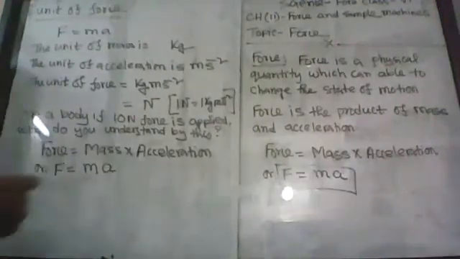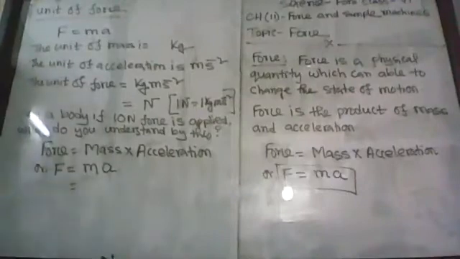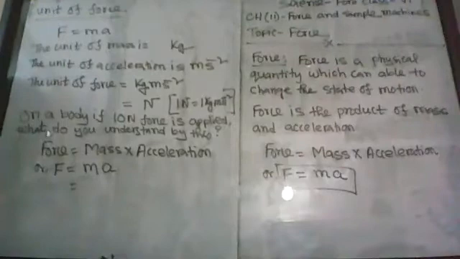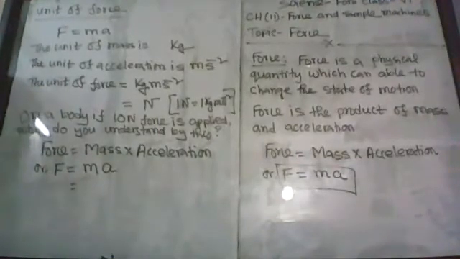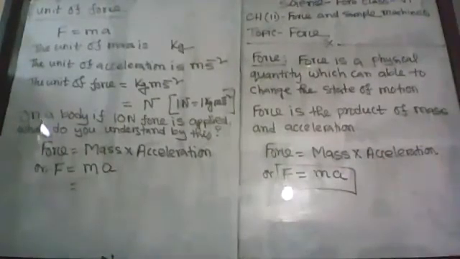So if a body has a mass of 10 kg, and I apply a force on it, and because of that force the acceleration of the body is 1 meter per second square, then the product of m and a is 10 into 1, which is 10.